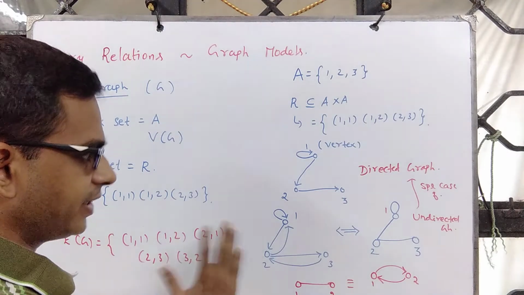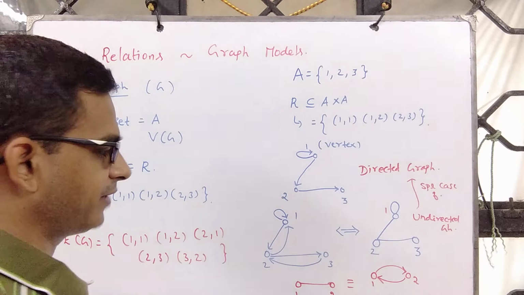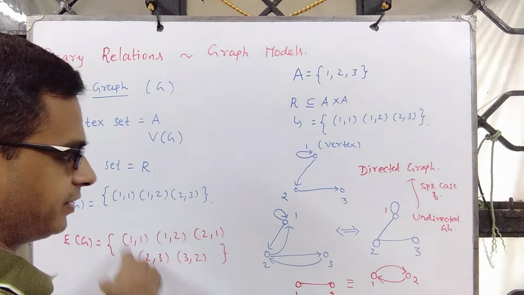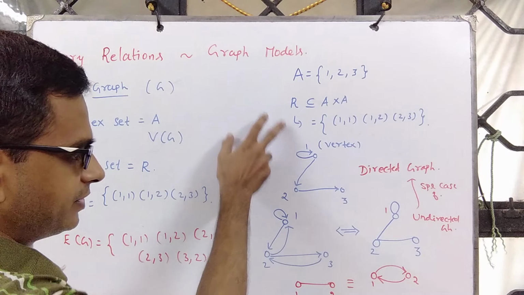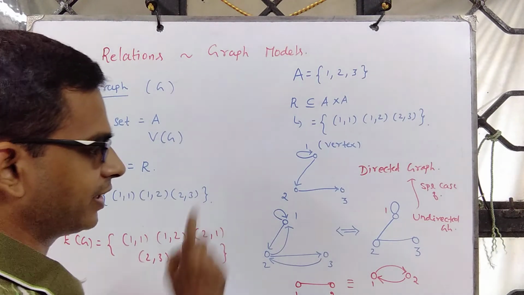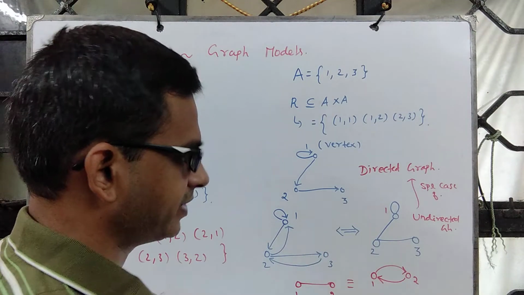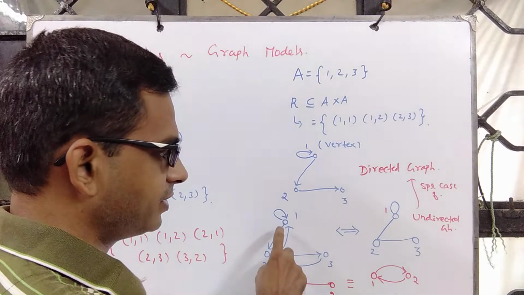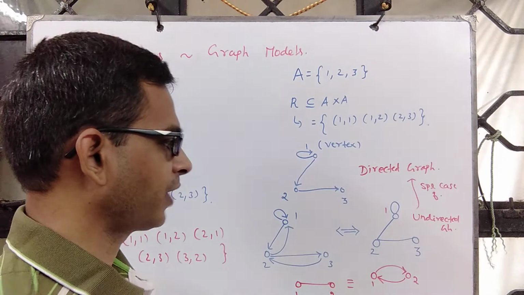So there is an interesting connection between the field of graph theory and set theory. Under set theory, you study sets, relations, and so on. Equivalently, you get to see graph models. And graphs are basically binary relations. Each edge represents an element in a relation.